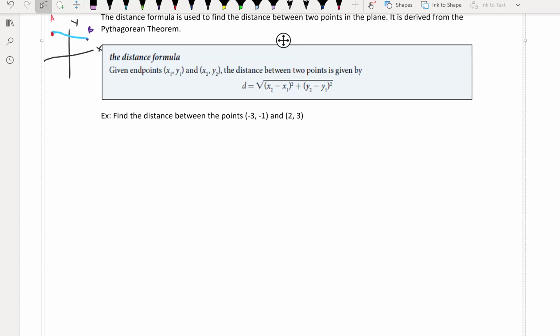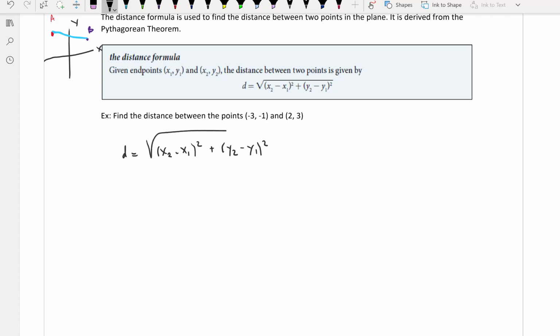Here we are going to have the square root of the difference of the x values squared plus the difference of the y values squared. So I'm going to follow this formula and copy it down. My distance is going to be the x coordinate minus the other x coordinate squared, plus the y coordinate minus the other y coordinate squared, and I'm going to square root the entire thing.